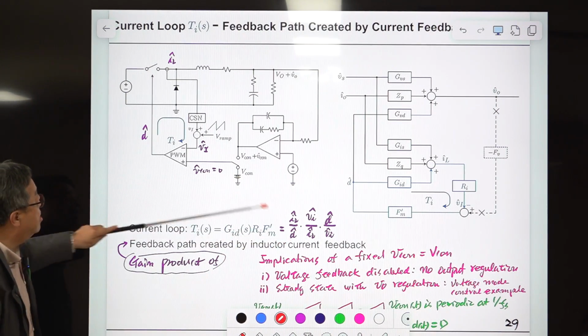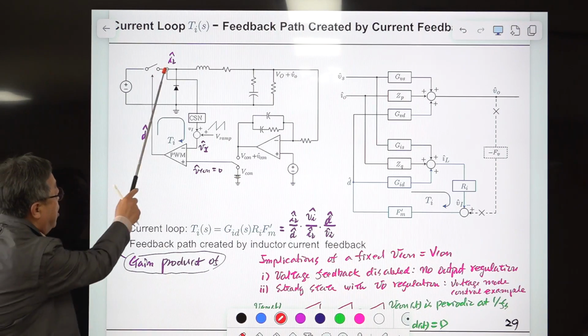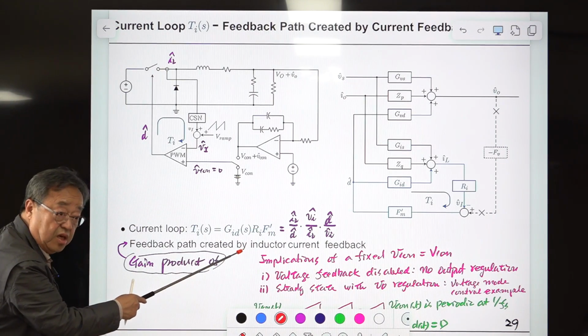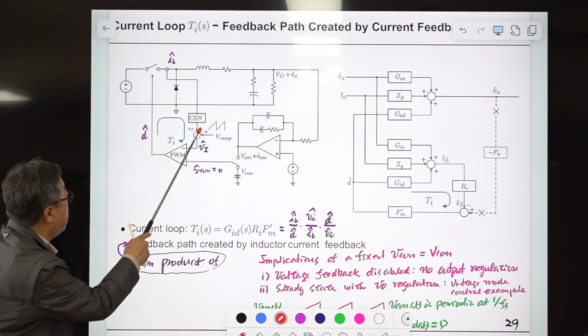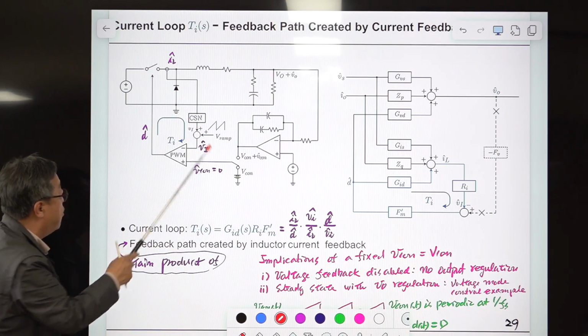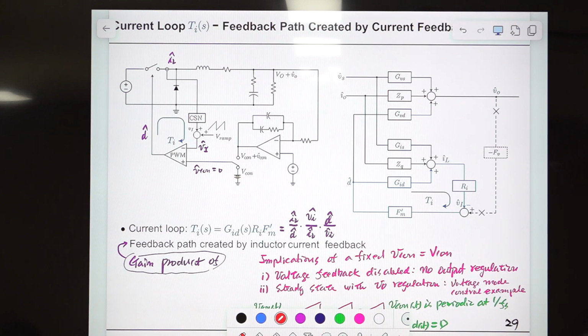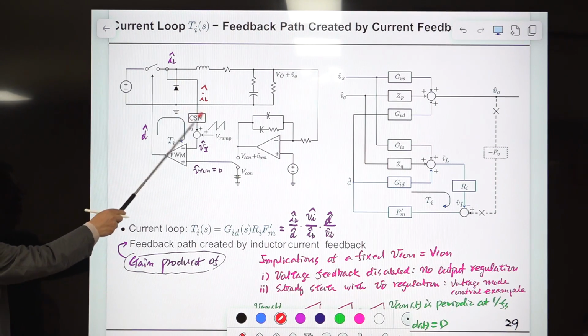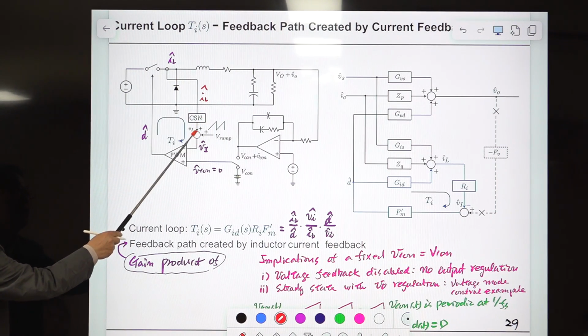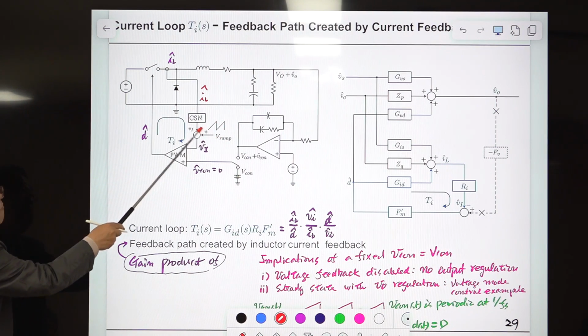Ti is the transfer function from here to there, which is Gid in notation, and the gain from here to there. I'm sorry, here vi should be there. Oh, this is okay, this is the iL hat. Same thing. So iL hat is multiplied by this, and it is fed with this ramp.